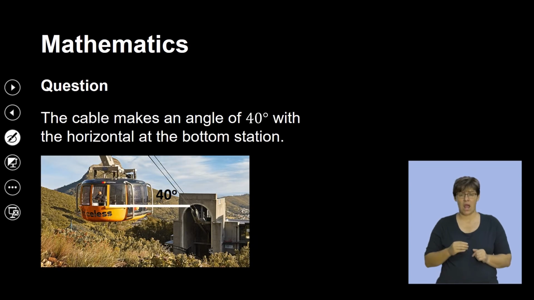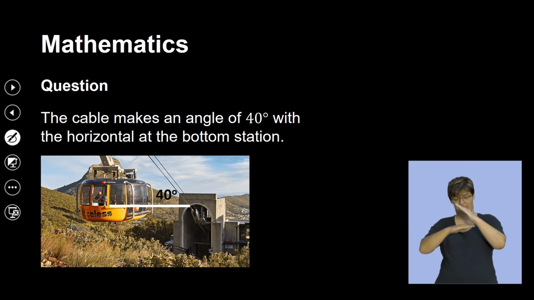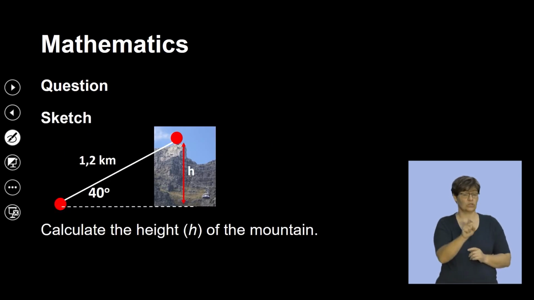We want to find the angle that the cable makes with the horizontal at the bottom station, which is 40 degrees, you can see from that. Then the big question will be to calculate the height, right? The height being from the top of Table Mountain to the horizontal surface, what will then be the height?